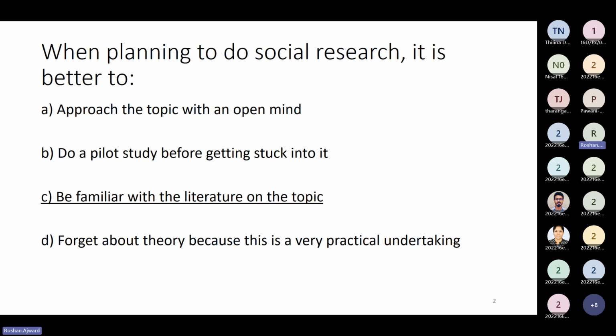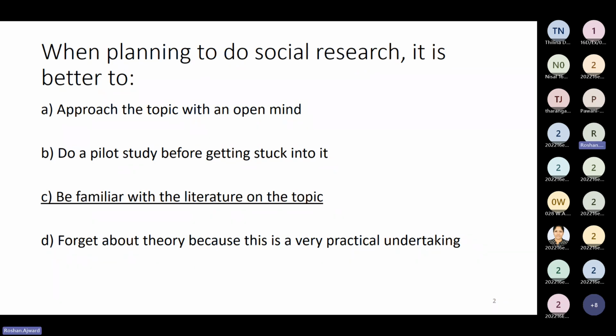Of course, not only in planning, you have to approach research with an open mind. That's correct. But when you are planning the research, the first thing you have to do is read the literature.